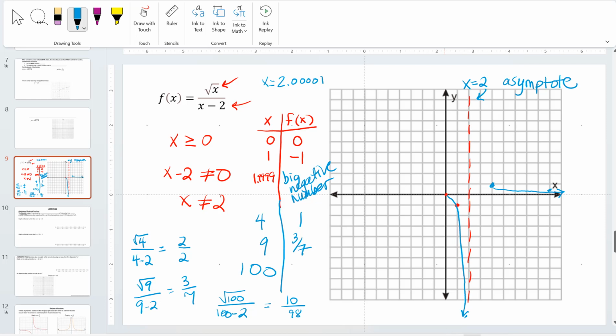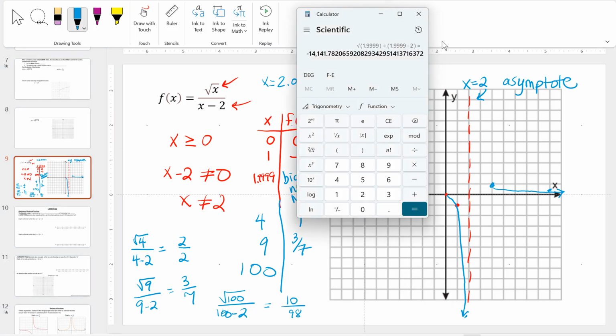So we'll get our calculator back up here, and we'll say 2.00001, and we'll take the square root, and then we're going to divide, I'm going to make some parentheses, by 2.00001 minus 2. I'm just plugging that value into the function.